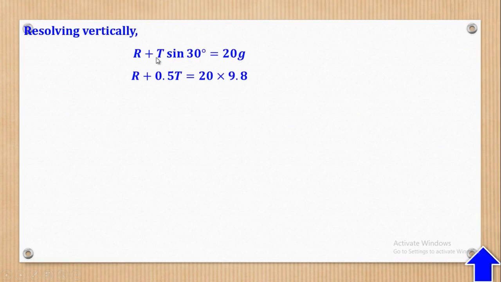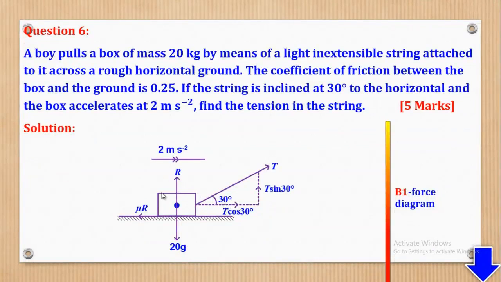When I substitute, I remain with R in terms of T, therefore R will be equal to 196 minus 0.5T. Then resolving horizontally, if you look at this first diagram, horizontally there is a force to the right which is T cos 30, and force to the left is mu R, and there is an acceleration, therefore the resultant will be T cos 30 minus mu R equal to ma.